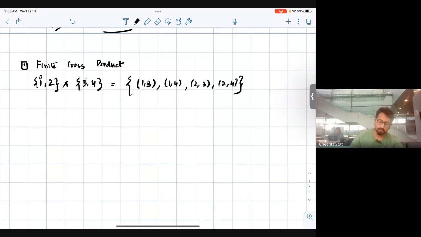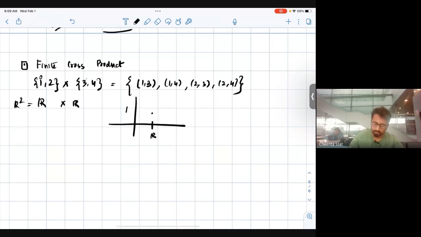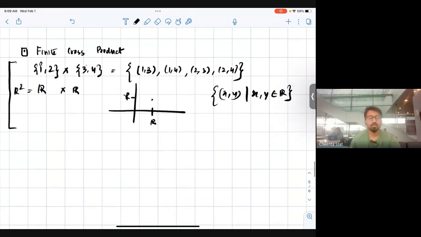For example, R squared, the plane, is nothing but R cross R. That means you're taking every x from one R and every y from another R, so every pair (x, y) such that x and y both belong to R. That's R squared, right? So this is a finite cross product of two sets. All of you understood the finite cross product of two sets, guys? Yes or no? Great, super.